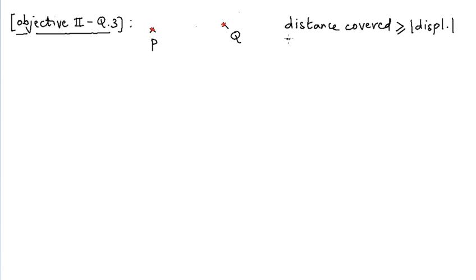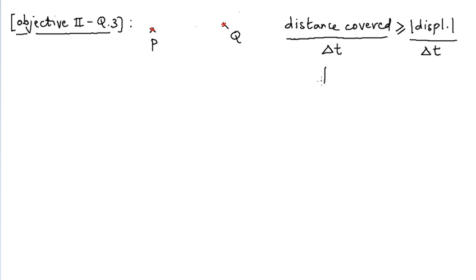Now just imagine that I divide each side of this inequality by the time interval delta t in which the displacement occurs. Delta t can't be negative, we know that. It's always a positive quantity.